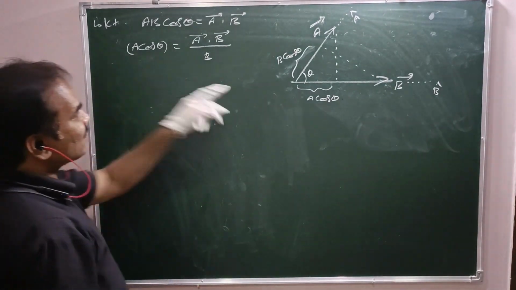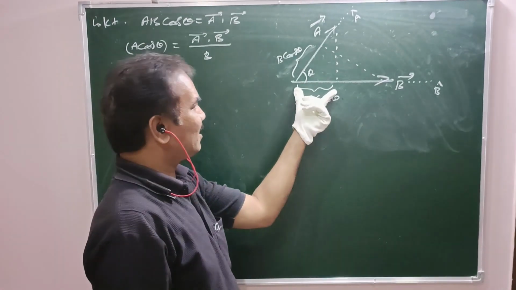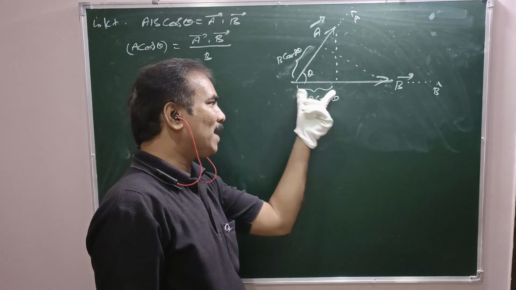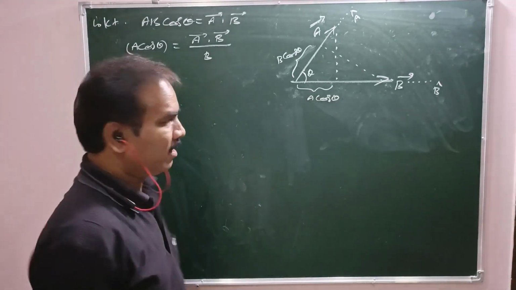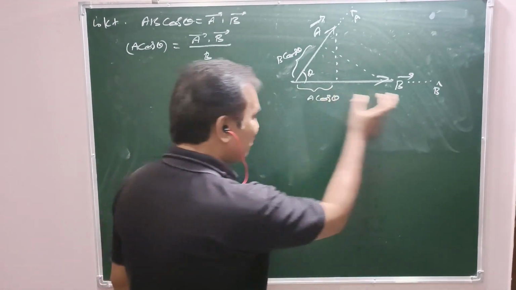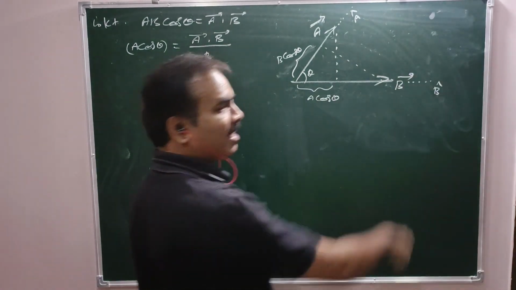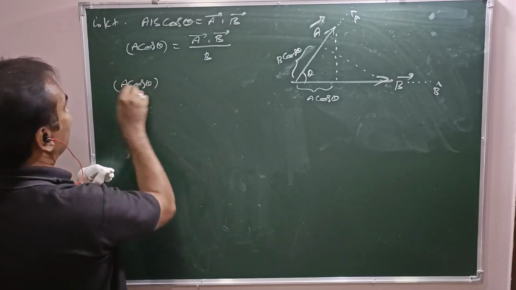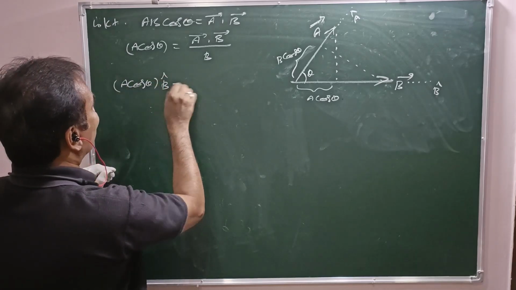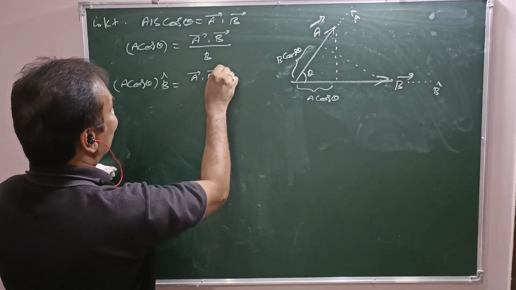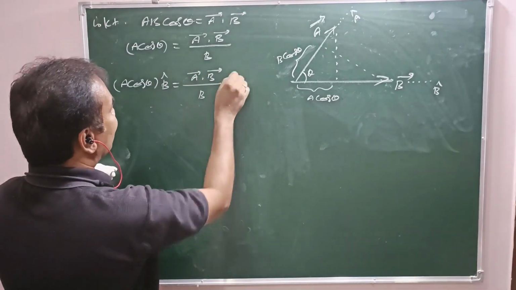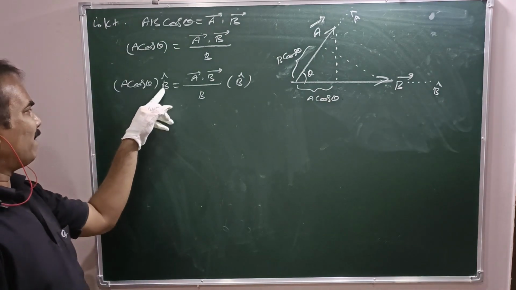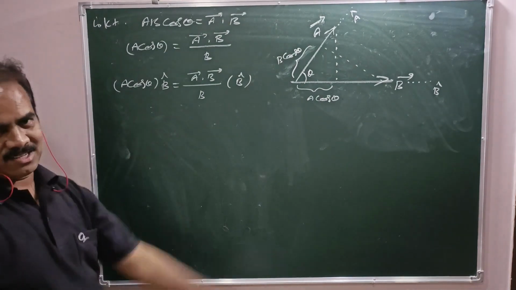Now, this is what a cos theta, from here to there, means the magnitude of a bar along b bar. If it is multiplied by b cap, then it becomes a vector. Why? Because magnitude multiplied by a unit vector gives a vector in that direction. That is a cos theta into b cap equal to a bar dot b bar by b into b cap. So it is to be multiplied with b cap on both sides.